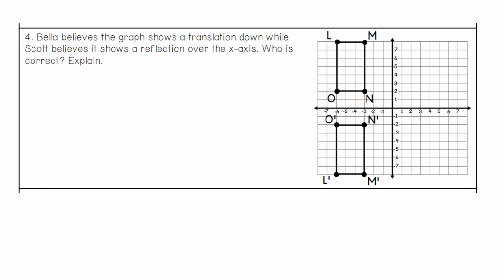All right. Bella believes the graph shows a translation down, while Scott believes it shows a reflection over the x-axis. Who is correct? Well, Scott is correct, because if you look, the O is no longer at the top. It's at the bottom now. So the orientation of the corners or vertices has changed.